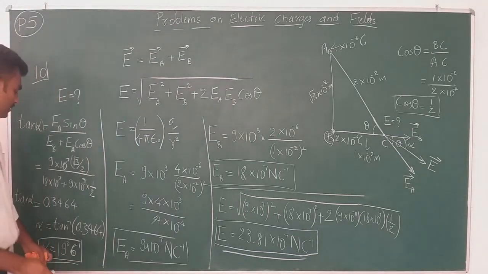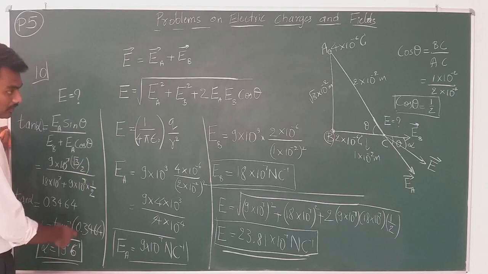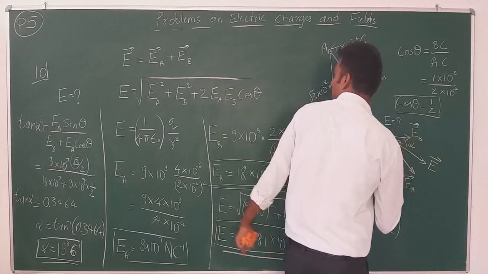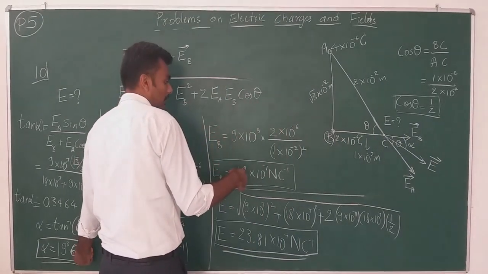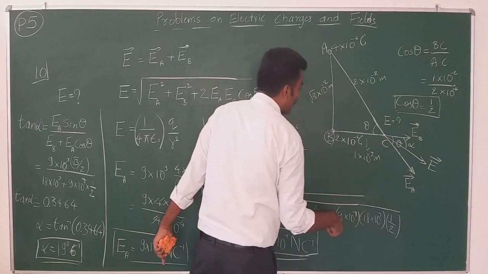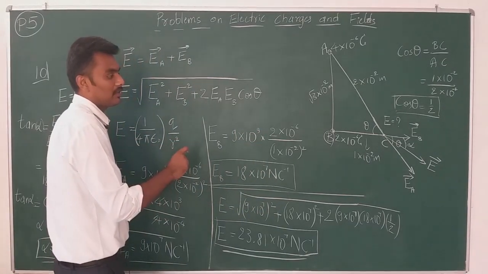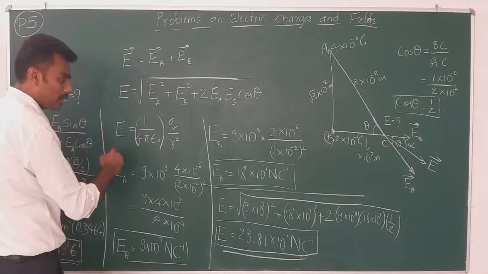And finally, this alpha should be kept in a sentence form. As such, this alpha is measured with respect to EB. Therefore, it is always good to write the final answer in a descriptive way as follows. Let me write it here.